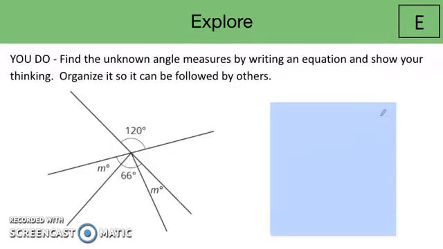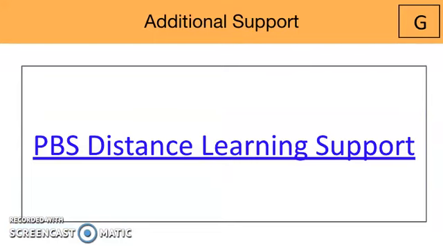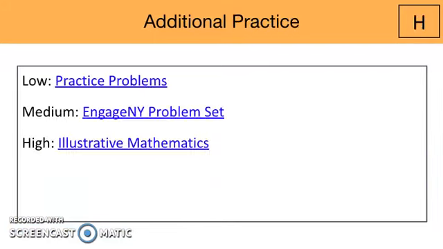The second you do does not have those scaffolded questions to see if students can do it without those scaffolds present in front of them. Lastly, 7th graders will have to summarize the question, how can we use equations to calculate missing angles? There is a PBS distance learning support video and additional practice from Open Up Resources, Engage New York, and Illustrative Mathematics.